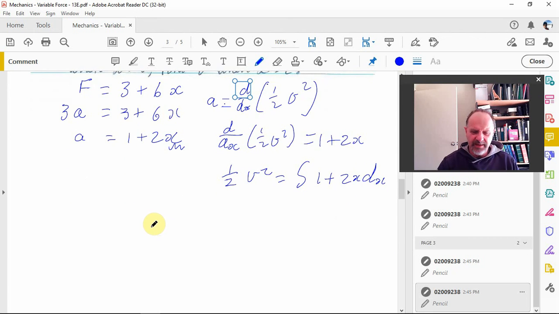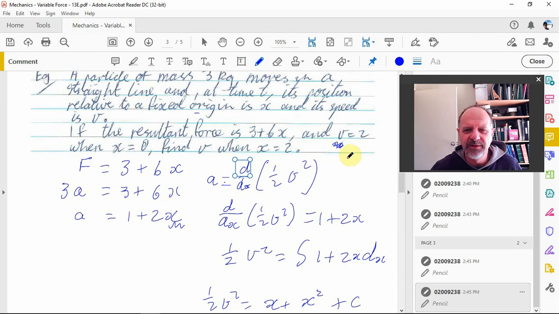Alright, so then I've got a half v squared equals x plus, raise the power by 1 and divide by the new power. The new power is 2, so I'm going to end up with x squared, because it'll cancel with this 2 that's already there, and then I've got some constant which I need to find out.